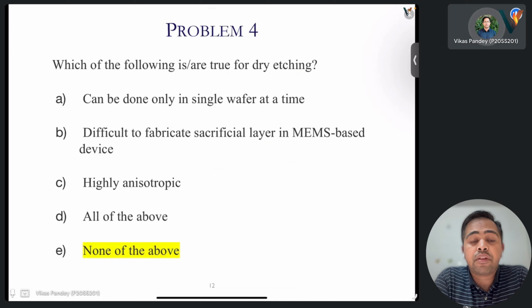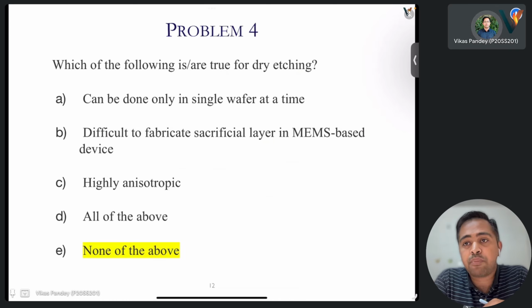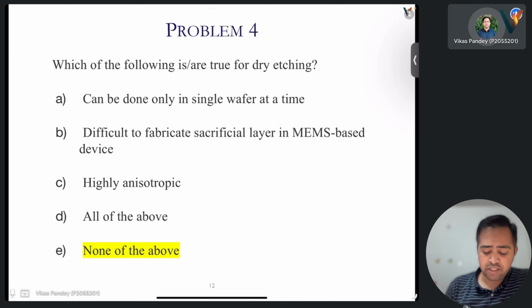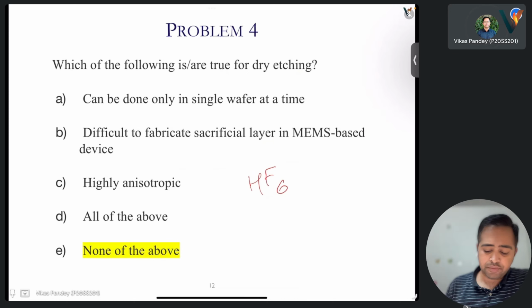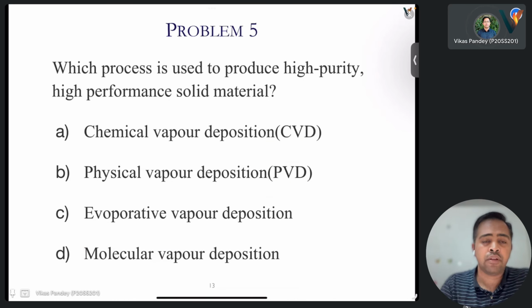In fact, it is said to be highly anisotropic, but in fact, dry etching can also be isotropic and highly isotropic also. Remember, we talked about SF6 dry etching, so that was highly isotropic. Okay, so none of the above is true for dry etching.